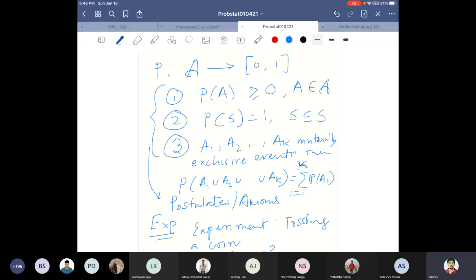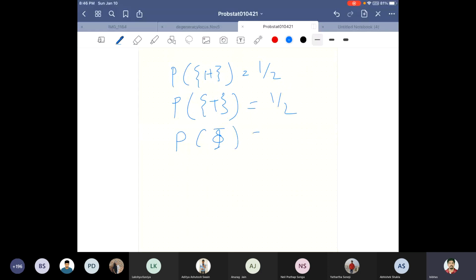Okay, so here we are considering an example. You can say, let's say this is a probability. Probability of phi, the null set, is equal to 0, and probability of S is equal to 1. Now, this is a probability because it satisfies all the axioms.